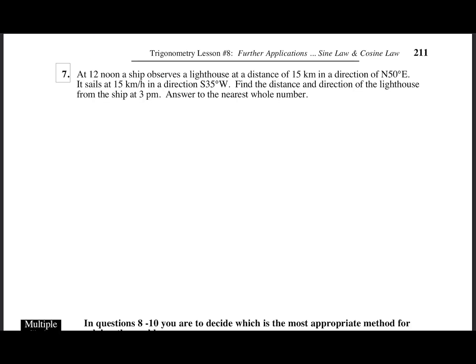Okay, for number 7, the first thing is a ship observed a lighthouse 15 kilometers and north of east. So we can see this is the ship, and it's north 50 degrees to the east.